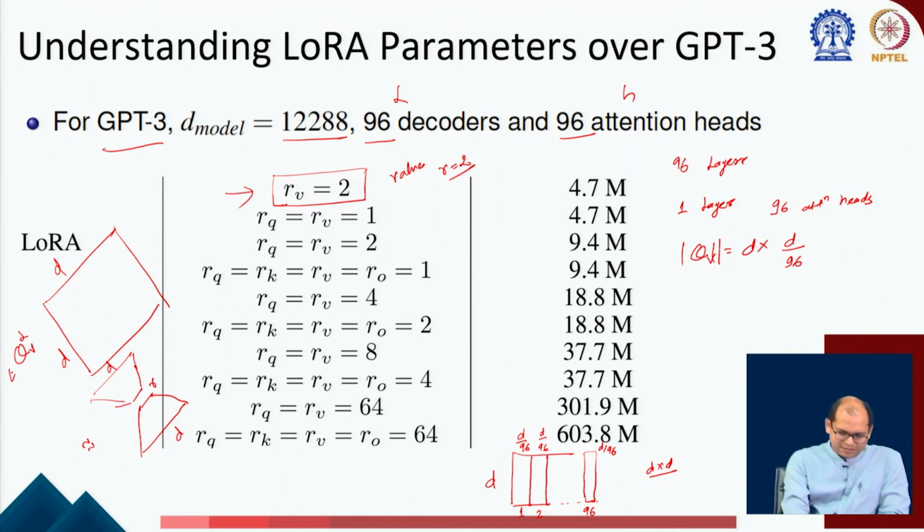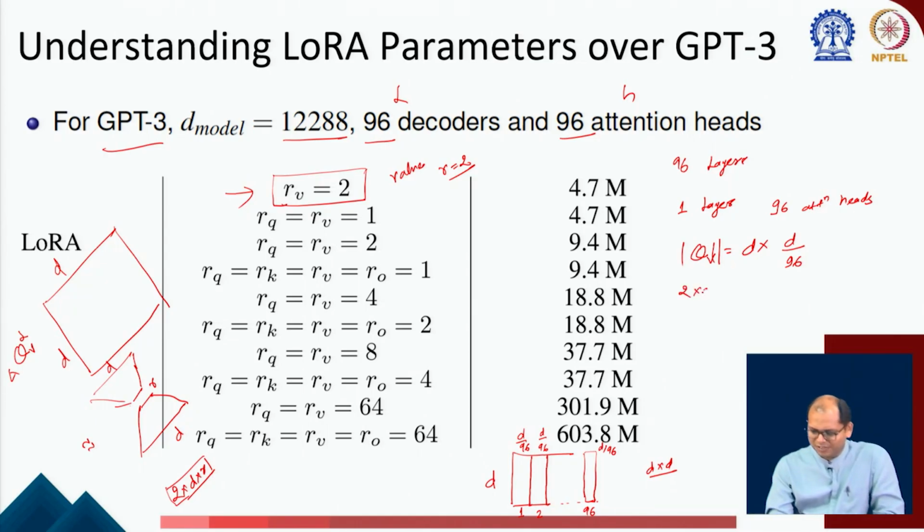So delta W is approximated by this B and A. How many parameters do you need per layer? You need 2 times d times r per layer, and then you have L layers. So how many parameters do you need? 2 times d times r times 96 decoders.